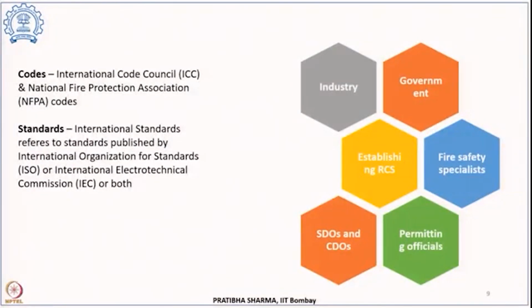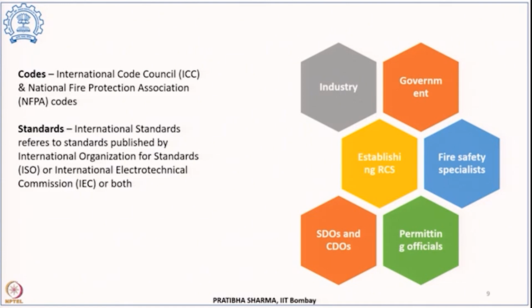Now, what are the governing bodies which make these codes and standards? For codes, the International Code Council comes up with the different codes. For hydrogen and fuel cell, the National Fire Protection Association, NFPA, develops these codes. For the different standards, in order to have uniform standards, there are committees, although certain standards are national depending upon the countries as well.